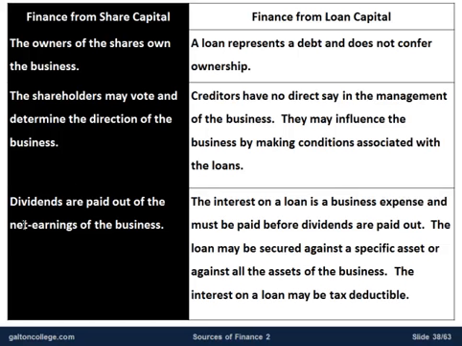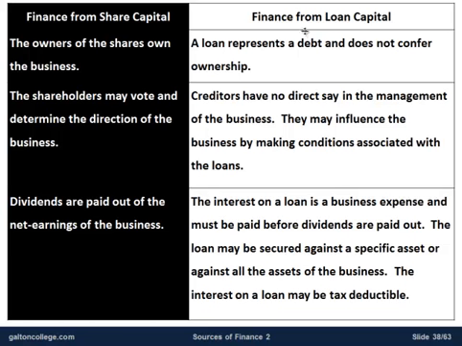Dividends are paid out of the net earnings of the business. After all the necessary expenditures have been subtracted, leaving us the profits, the net earnings, dividends are paid out of those. So, finance from share capital, the owners of the shares own the business, and the shareholders may vote and determine the direction of the business. That's essentially the equity bit.